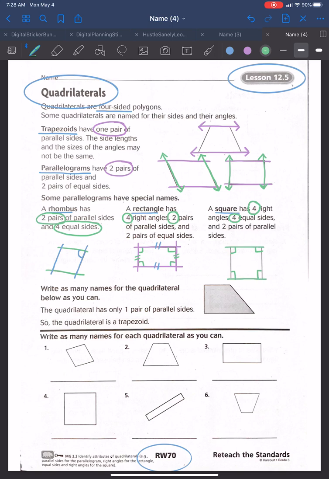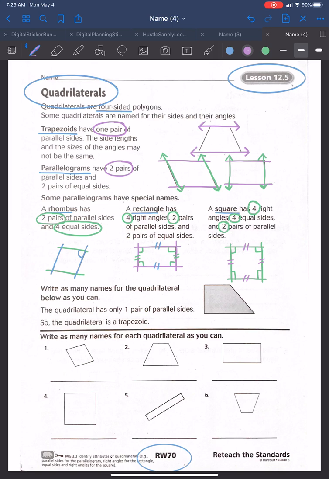So that sounds like it's our rhombus, right? Four equal sides. But don't forget, a square must have those right angles and two pairs of parallel sides. So they're parallel and they are all equal. Each one of these sides measures the same distance.